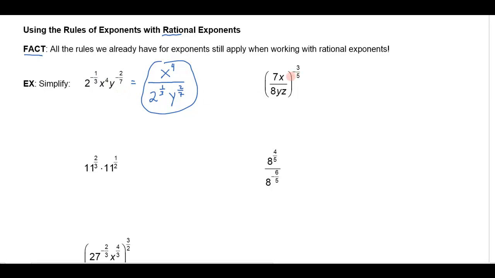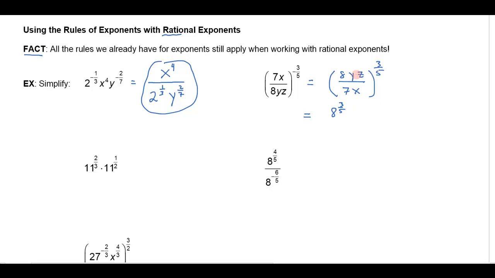Okay? If I were to have this expression, 7x over 8yz raised to the negative 3/5 power, that negative just means the reciprocal. So I could just rewrite this as 8yz over 7x all to the positive 3/5 power. And that would be the easiest way to do that. Now you may want to just leave it like that, or conceivably, depending upon what you were going to do with this, you might write it as 8 to the 3/5.